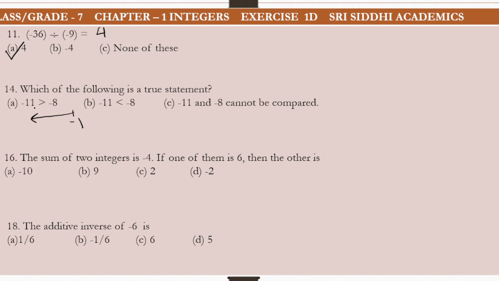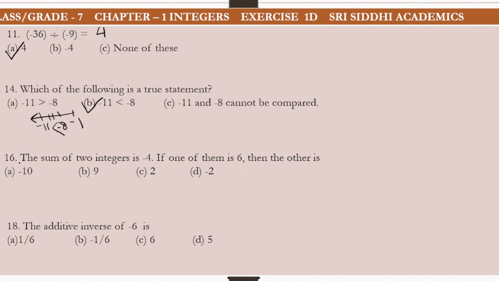Okay, and so minus 11, if we see, it will come later, in between there will be two numbers, and then minus 8 is there. So definitely minus 11 value is less than minus 8. So option B, you see, minus 11 is less than minus 8. That is the correct answer. No need to look at option C, because we have only one option which is correct.